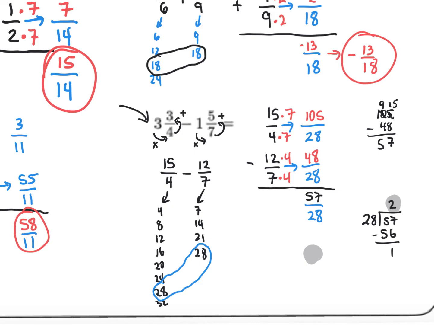So that's going to give me 2. And then, this part right here, the leftover, is going to be the numerator. Okay, so I'd have 1. I'm struggling with my colors here. So 1, all over 28, which is where we would get this from. And that's how you would wrap up that final answer.